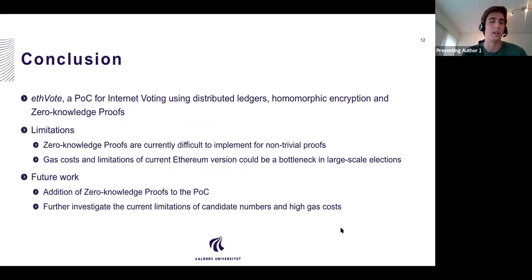That could be a bottleneck. In the future, we would like to add the implementation of zero knowledge proofs when that becomes possible or more feasible, and also investigate the limitations that I just talked about. And that is it.